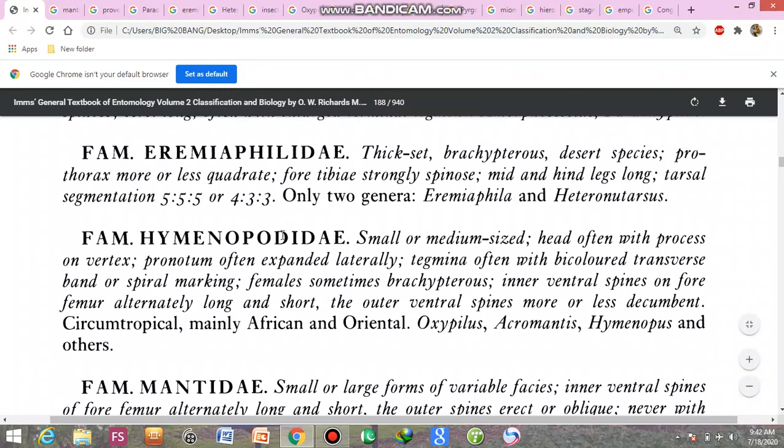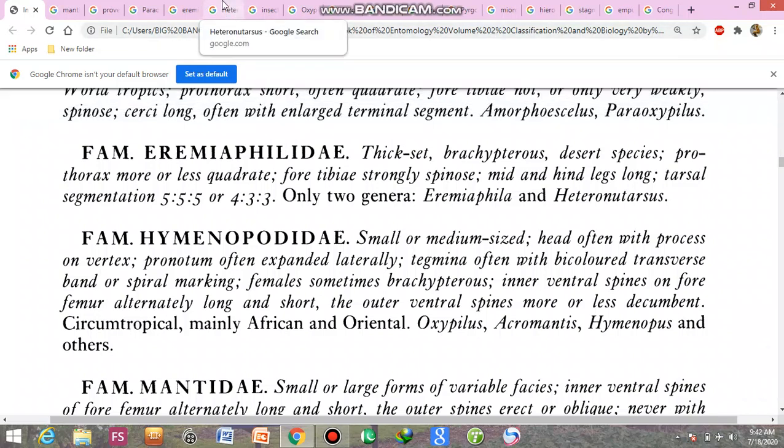Family Hymenopodidae: they have small or medium-sized bodies, head often with a process on the vertex. Now I will show you what the vertex is. The literal meaning of vertex is the top.